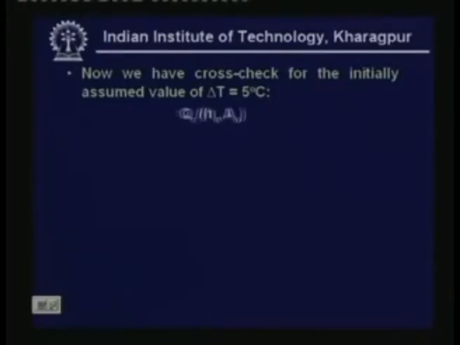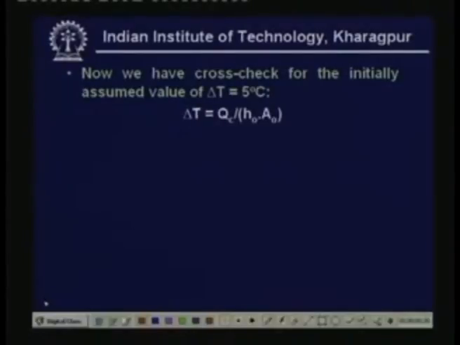So let us calculate what is the delta T. Now, delta T can also be written in this manner: delta T is equal to Q C divided by h naught into A naught, because Q C can be written in terms of outer convective heat transfer coefficient, outer area, into refrigerant temperature minus surface temperature.